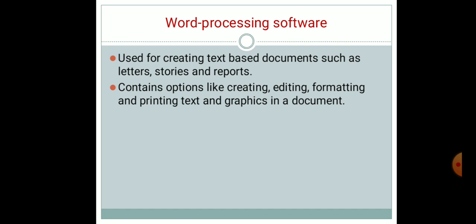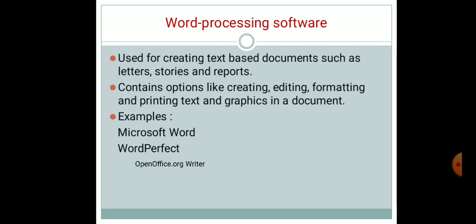So examples of word processing software are Microsoft Word, WordPerfect, OpenOffice.org Writer, etc. Here MS Word comes under the Microsoft Office package. We know under Microsoft Office we have many programs like Word, Excel, PowerPoint, Access, etc. Isn't it?